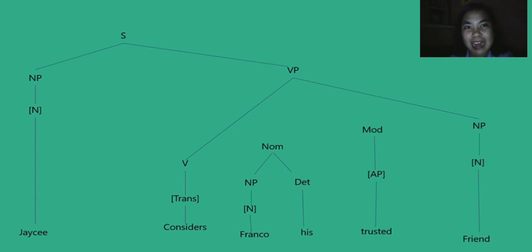"Friend" here is a noun and our noun phrase, while "trusted" is an adjective phrase, and label it as "mod," a modifier since it modifies what kind of friend Franco is. "Considers Franco his trusted friend" is our verb phrase. "JC" is the noun and our noun phrase. Noun phrase and verb phrase, connect them and label S as our sentence.